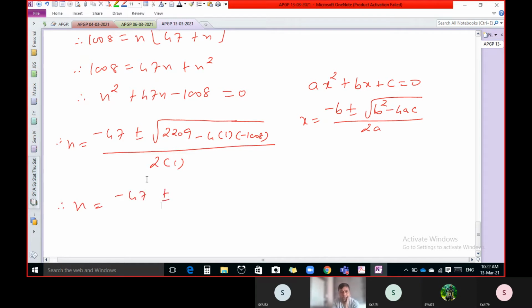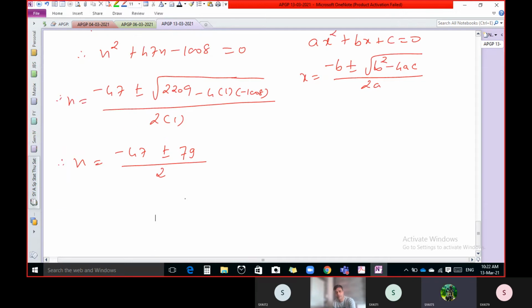See, this is minus and this is minus, so plus. Multiply 4 with 1008, so we get 4032. Add 2209 to that. 4032 plus 2209, then take its square root and tell me the answer. 79. 79 upon 2 into 1, which is 2.